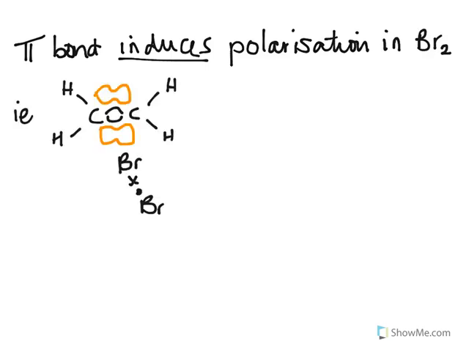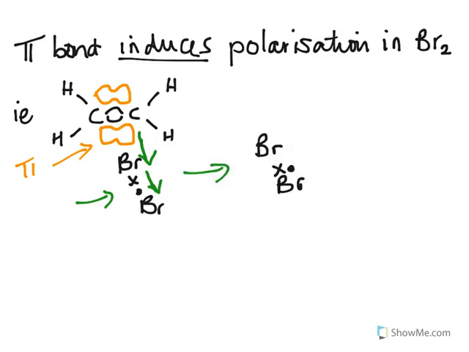So in other words, if we represent the pi cloud showing this big concentration of negative charge and the covalent bond with the bromine as a dot cross diagram, what happens as the bromine molecule approaches the pi system, there's a repulsive force experienced here, which kind of pushes these electrons towards this second bromine.